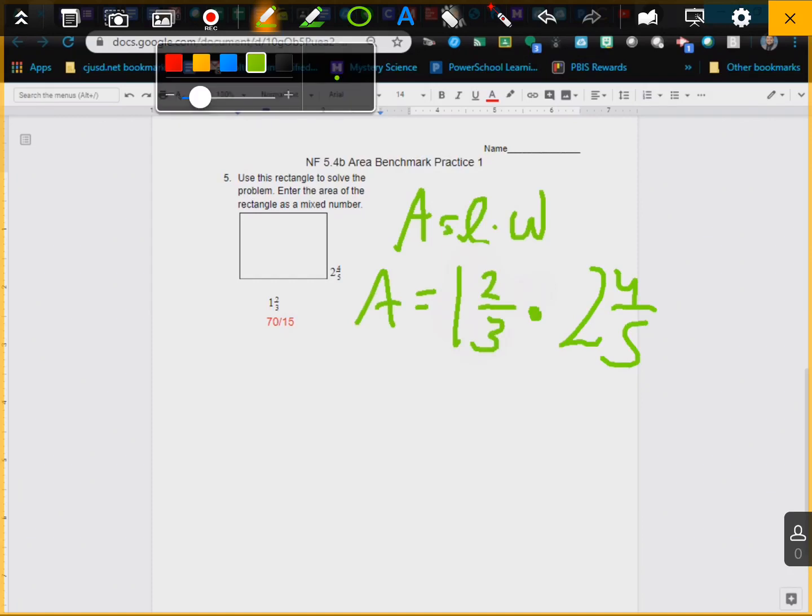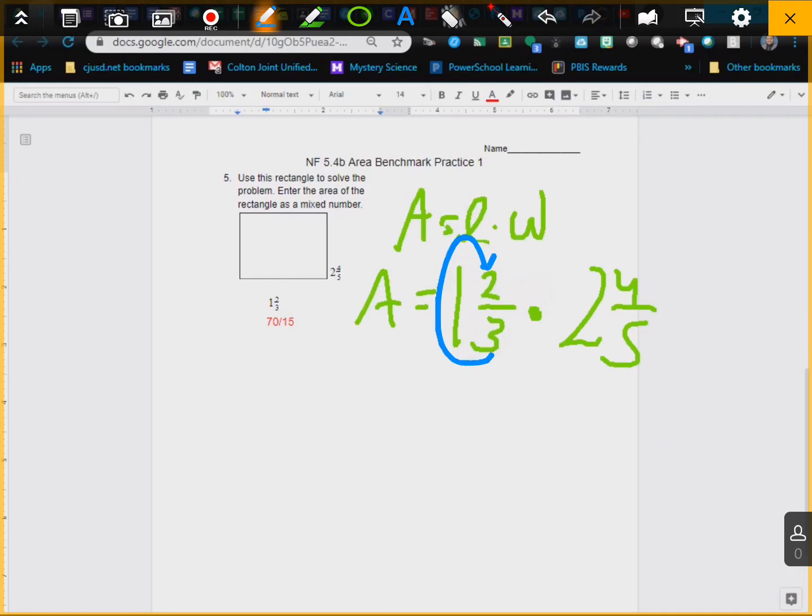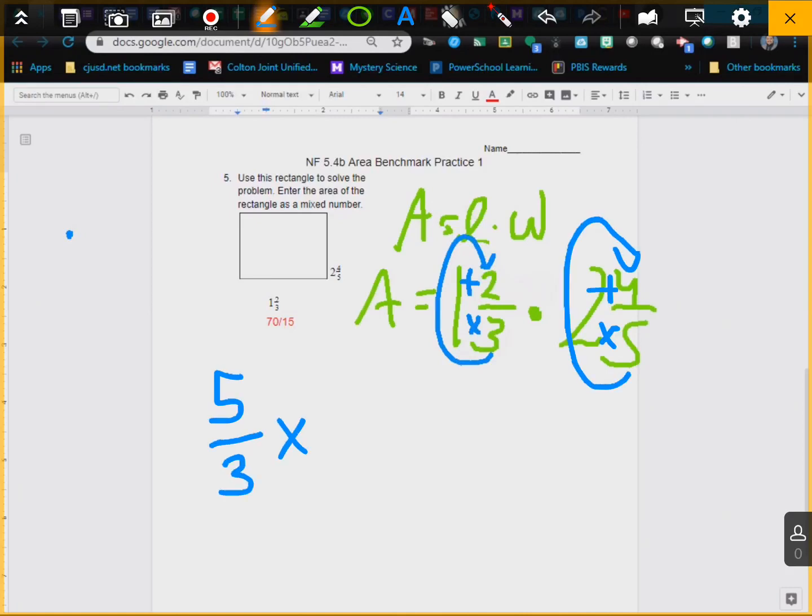All right, let's go ahead and let's do the roller coaster method for the first number. 3 times 1 is 3, plus 2 is 5. So it's going to be 5 over 3 times another roller coaster. 5 times 2 is 10, plus 4 is 14 over 5. 5 times 3 is 15.